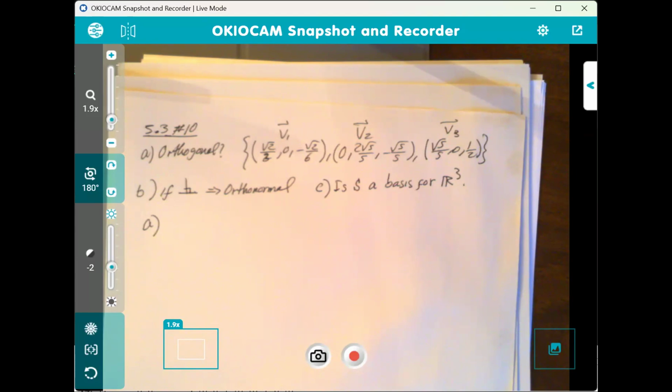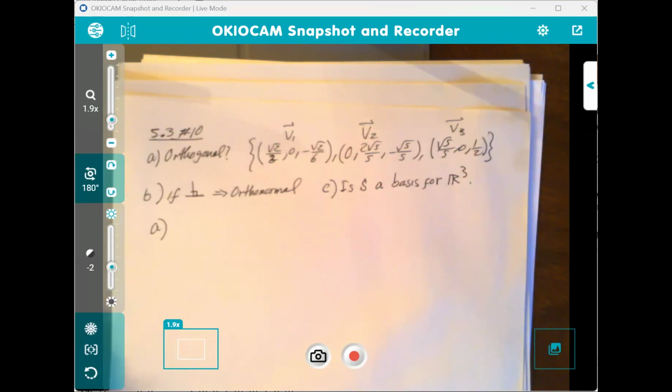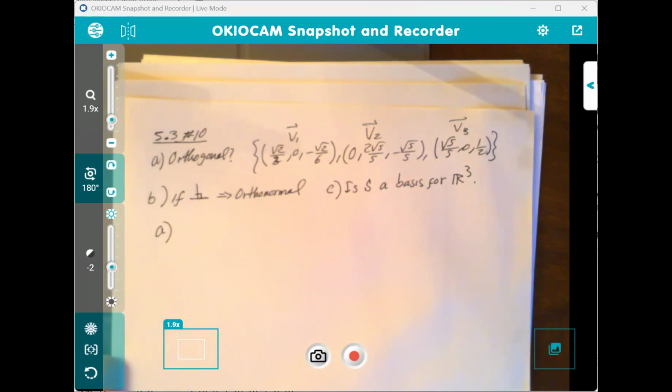Anyone? To show that the vectors are orthogonal. Anybody want to take a shot at that one? Prove that they're 90 degrees. Good. 90 degrees, the angle between them.